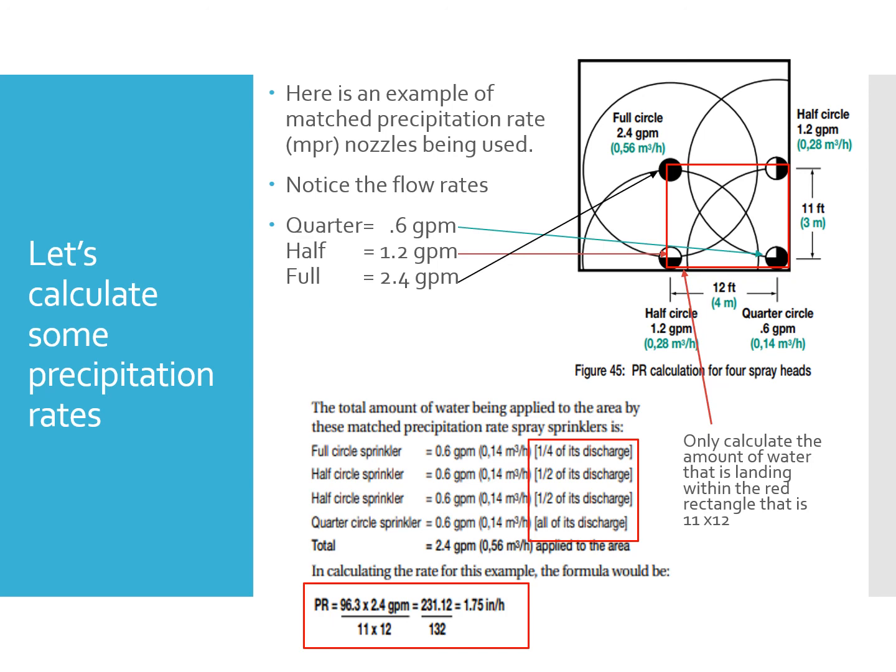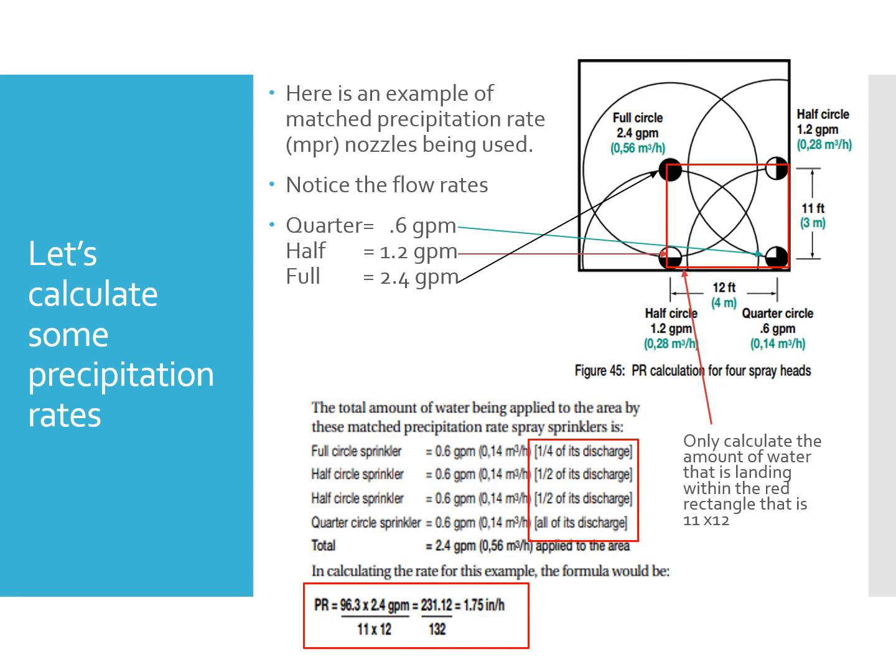Then you have another half circle over here doing the same thing. And then the quarter circle sprinkler, which is the one in the corner, is putting all of its water in here. So we add up all of these numbers here, and we come up with 2.4 gallons per minute in this particular area right here. Now remember, we're only going to calculate the amount of water that's landing in the space that we're calculating.